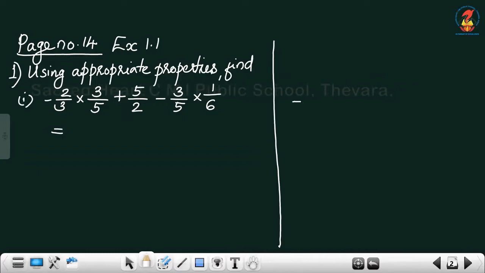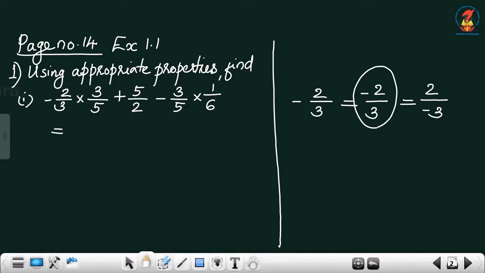Here it is given negative 2 by 3. The meaning is that it is negative 2 by 3, which is the same as 2 by negative 3. So, we have to take this one as negative 2 by 3. So, equal to negative 2 by 3 into 3 by 5 plus 5 by 2, then minus 3 by 5 into 1 by 6.